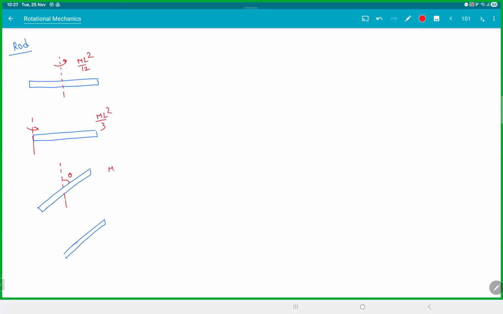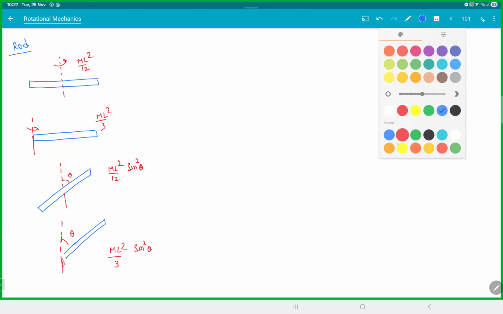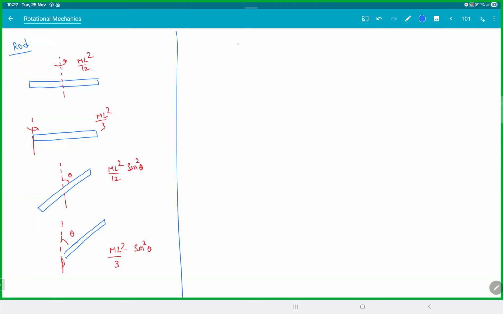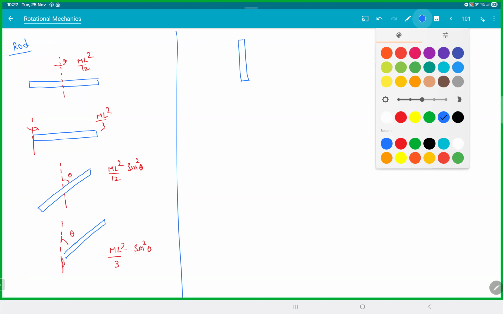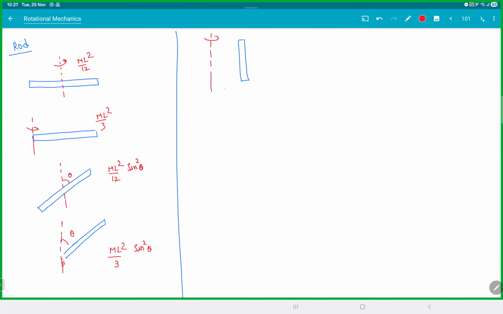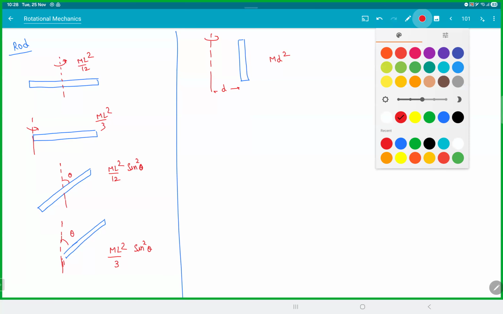Making an angle theta, M l square by 12 sine square theta. You should mug up these results. In the exam, you will not get time to derive all these things. Through the end, M l square by 3 sine square theta. The rod is parallel to the axis: M d square.